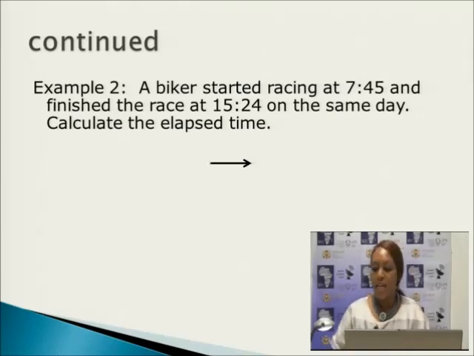Remember, when we talk about time, we can use different time formats. The first time format we can use is that of 12 to 12.